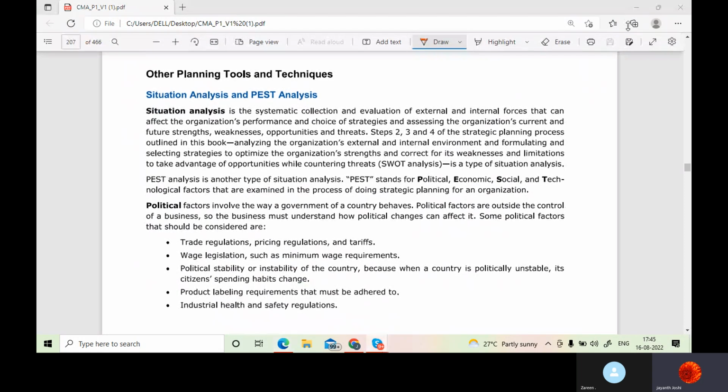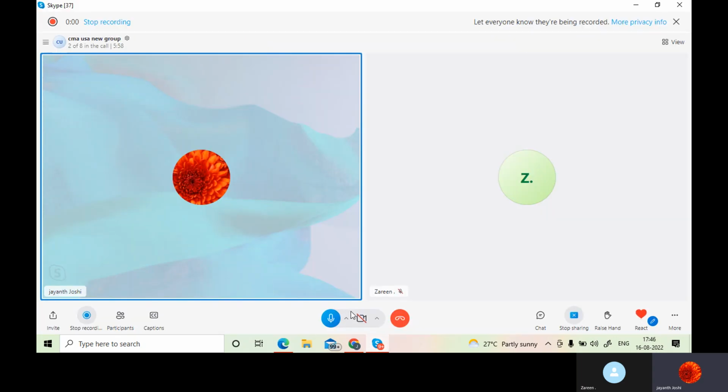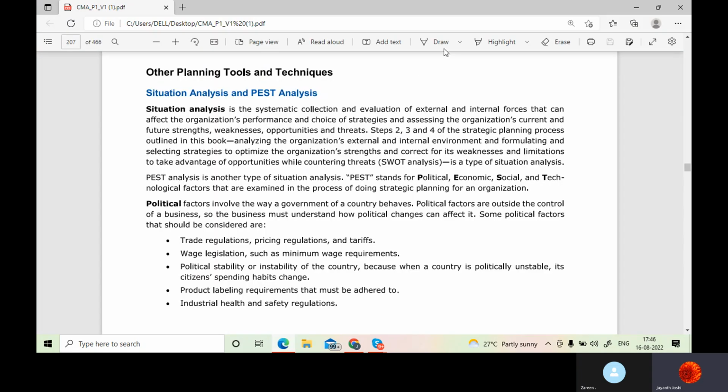Okay, we are speaking about situation analysis and PEST analysis. Yeah. So we are speaking about other planning tools and techniques.